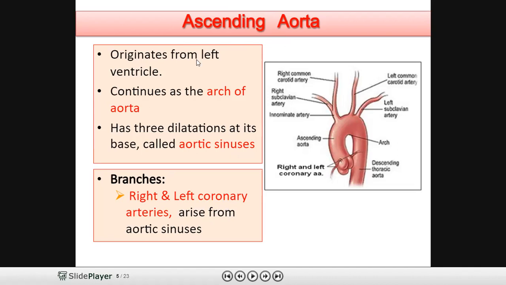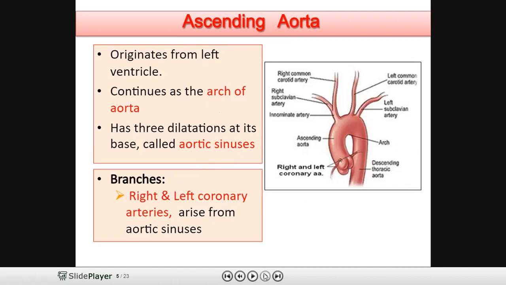It originates from the left ventricle, and then it continues as the aortic arch, and it gives off 3 dilatations, which are called the aortic sinuses, and 2 branches, which are the left and right coronary arteries that supply the myocardium, or the muscles of the heart.